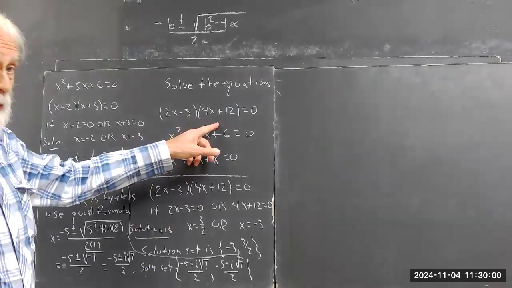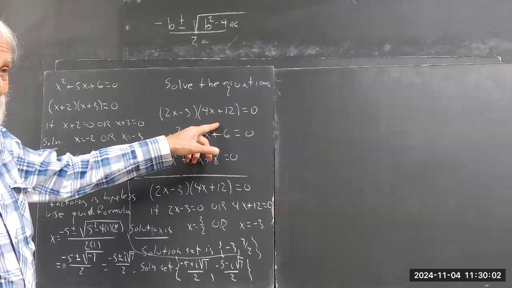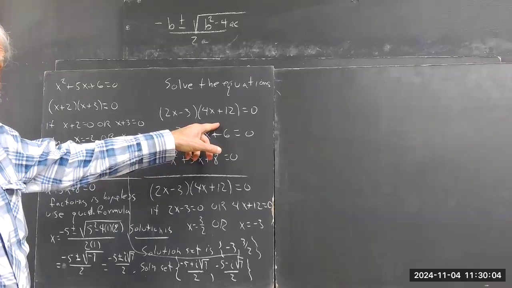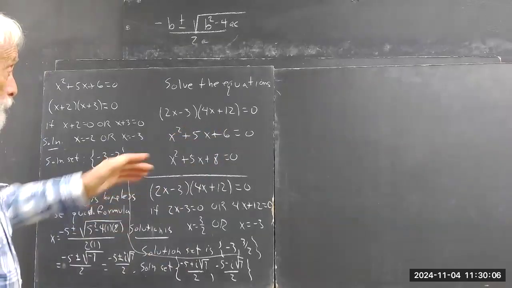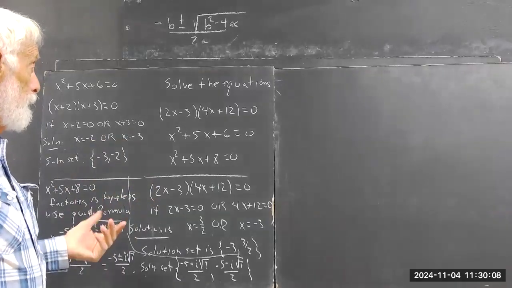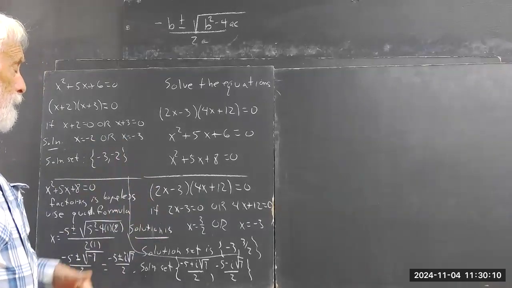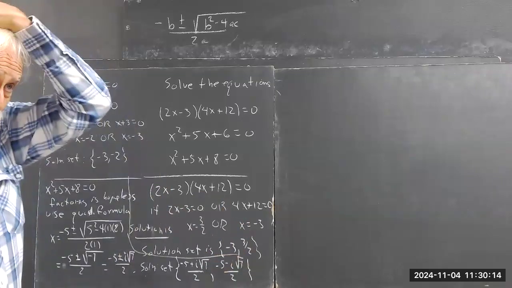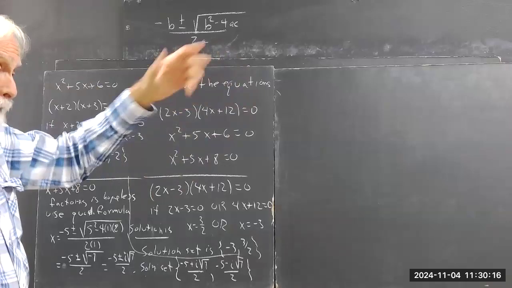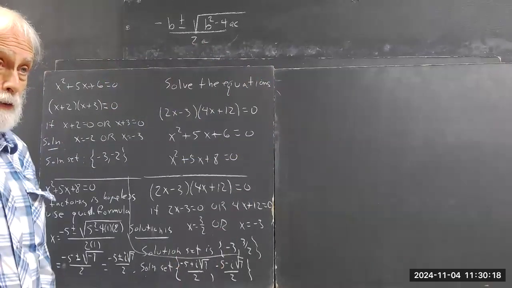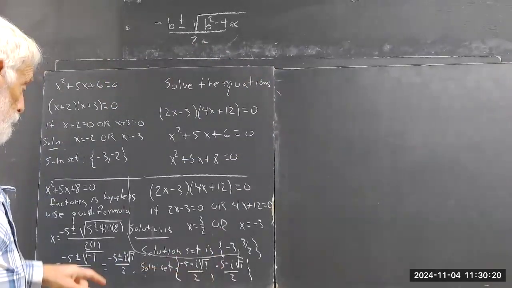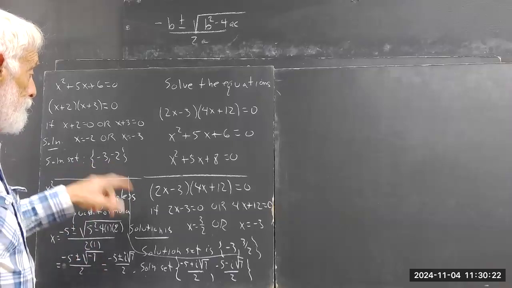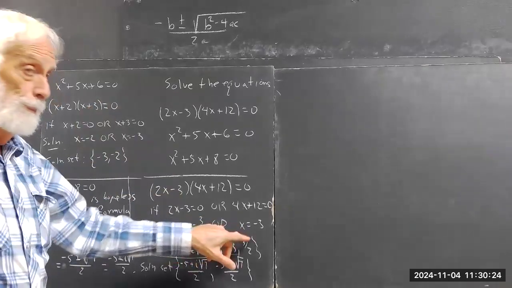You could expand this as somebody did, and I think did it correctly, okay? And then you'll have 8x squared plus 12x minus 36 equals 0, okay? And you plug in your a, b, and c, simplify it, you get exactly the same numbers, okay?